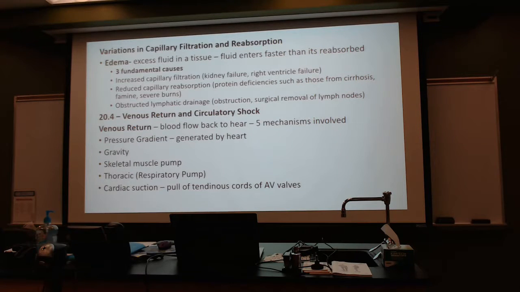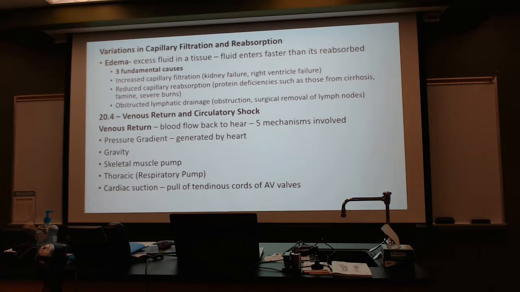For the pressure gradient we have on that arterial side, that pressure is very high, but once we get to the venous side, pressures are very low. Anything that gets generated by the heart, it's only about 10 millimeters of mercury of pressure.